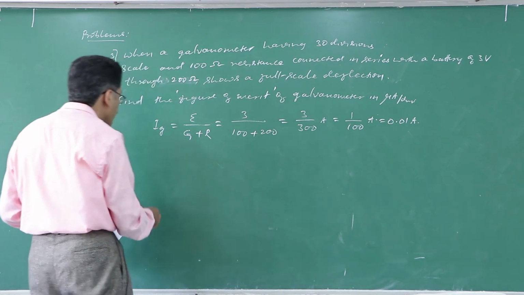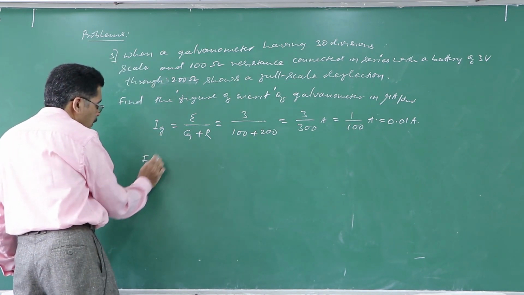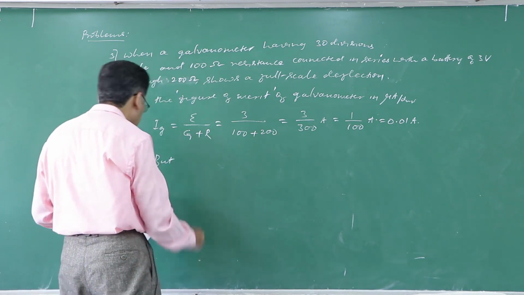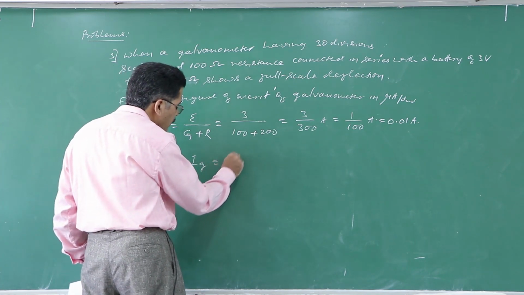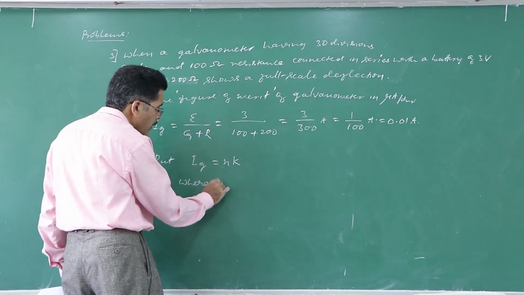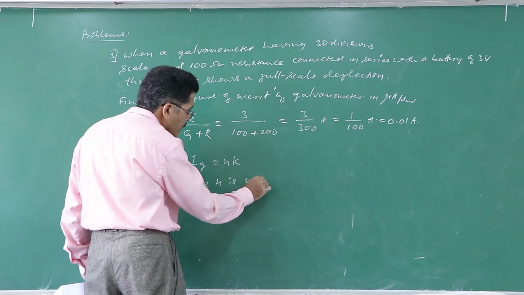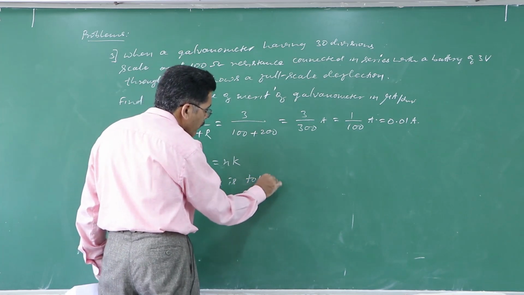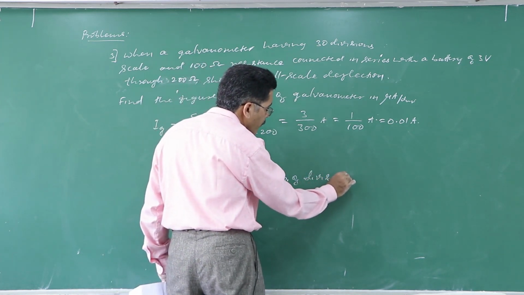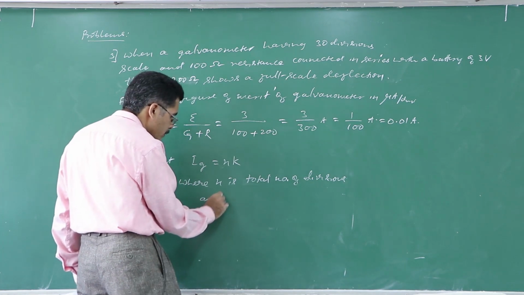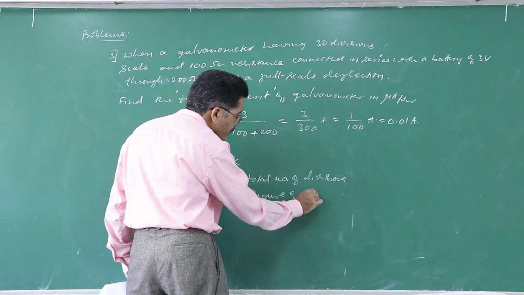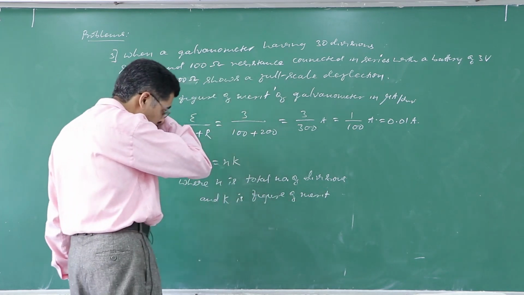We have to find out the figure of merit. But we know that Ig is equal to N into K, where N is the total number of divisions and K is the figure of merit.